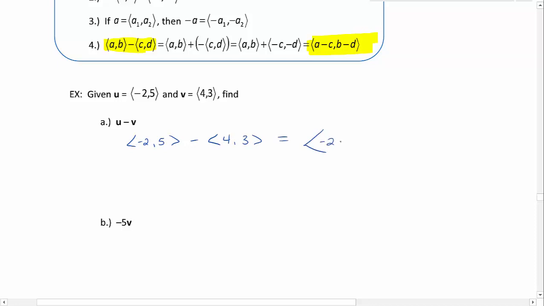And you certainly do not have to write out all this work. I'm just trying to be thorough for you. We end up with the vector negative 6, 2.